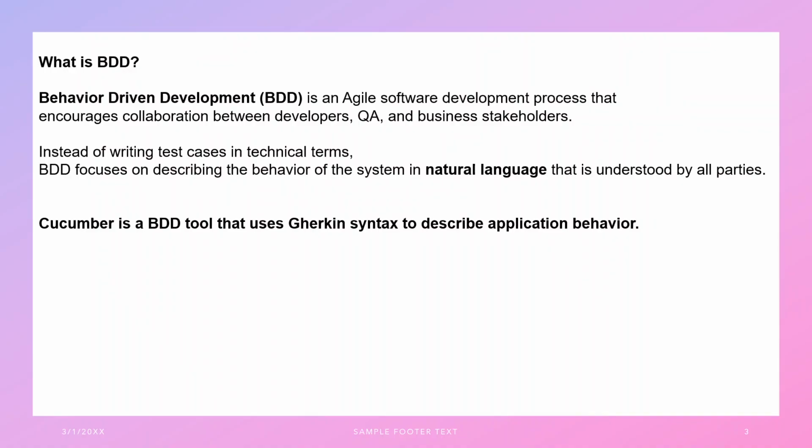That is all about what is Cucumber. Then we understand what is BDD. I'm explaining at a high level here. BDD is nothing but behavior driven development. It is an agile software development process that encourages collaboration between developers, QA, and business stakeholders.